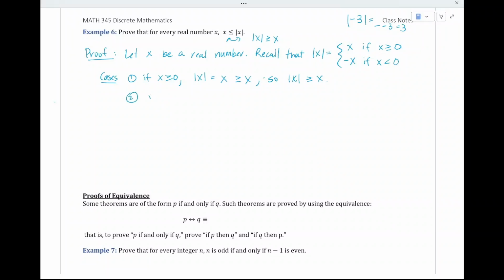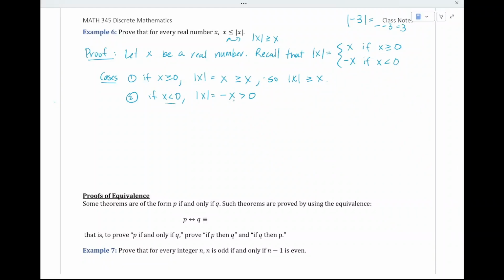Case number 2, if x is less than 0, then the absolute value of x is equal to negative x. Negative x is greater than 0 because x is actually less than 0.